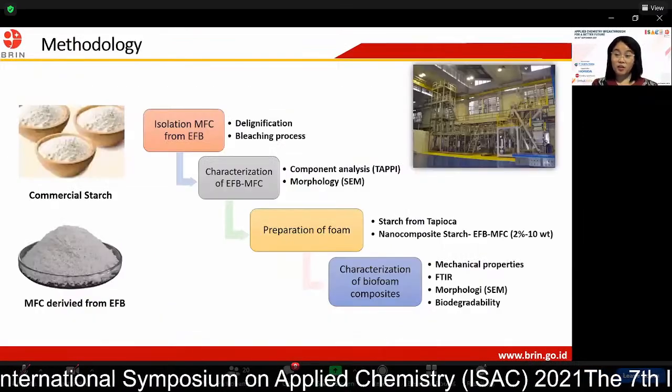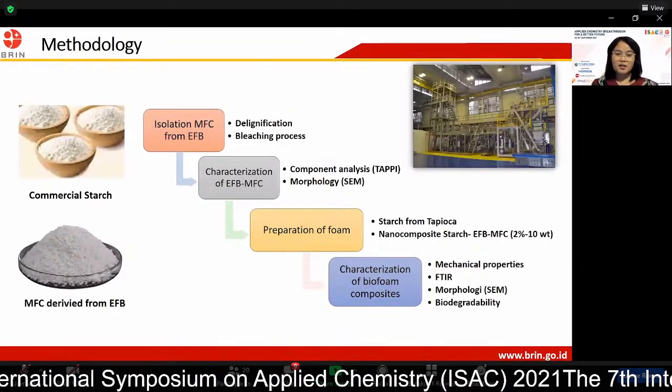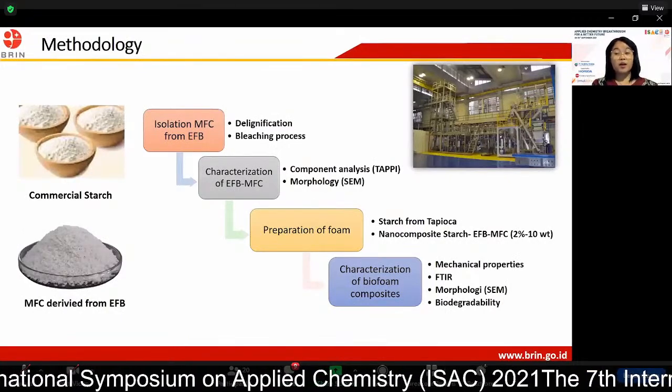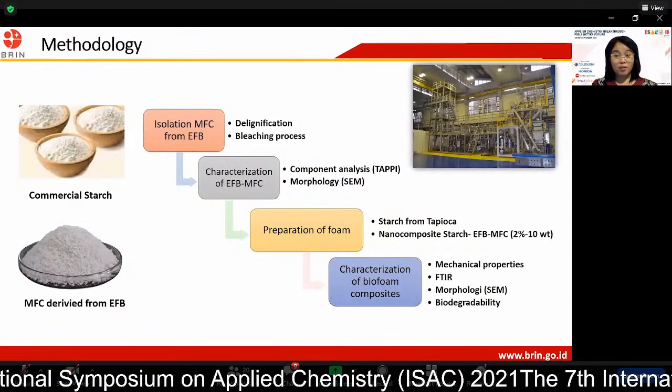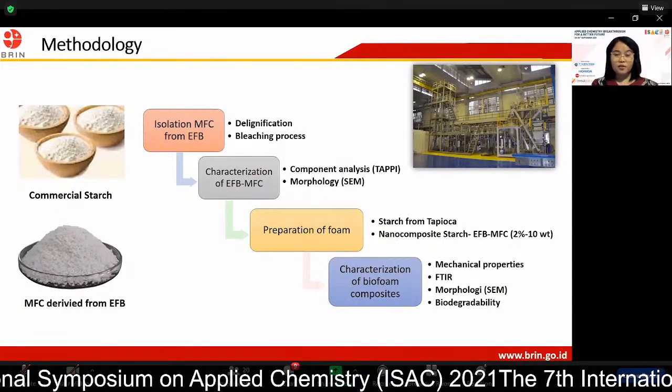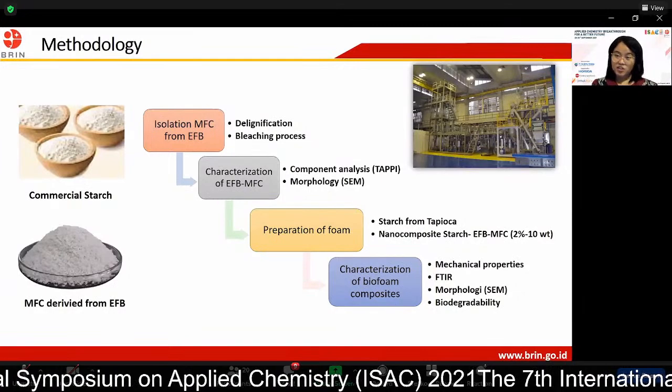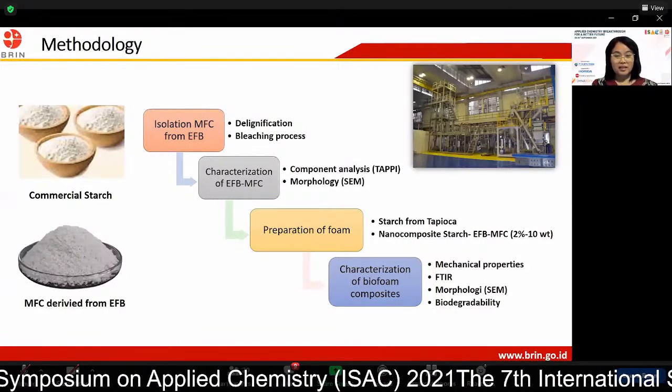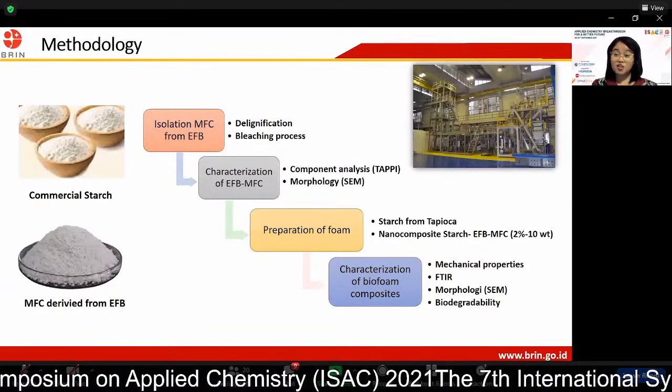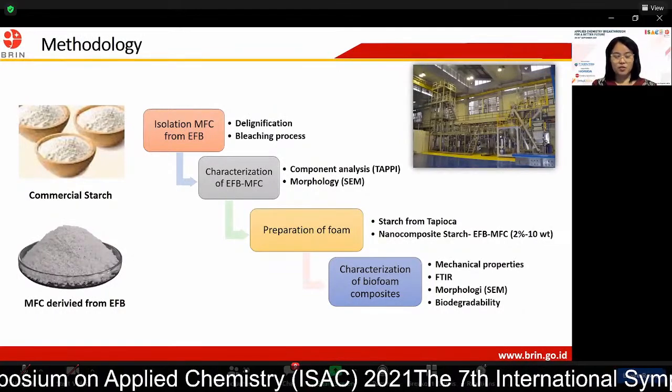So this is the methodology. It consists of first the isolation of microfiber cellulose from oil palm empty fruit bunch, involving delignification and bleaching processes, followed by the characterization of the obtained microfiber cellulose.